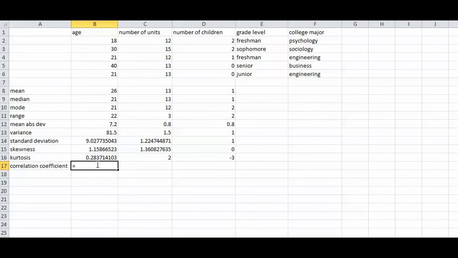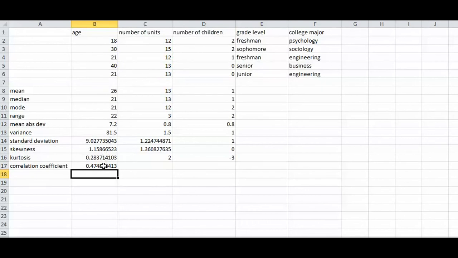To get the correlation coefficient, we type in equals CORREL, we put a parenthesis, and it says array 1 and array 2. We can highlight age for array 1, then we need to put a comma. Then we can highlight number of units for array 2, and then close the parenthesis, press enter.